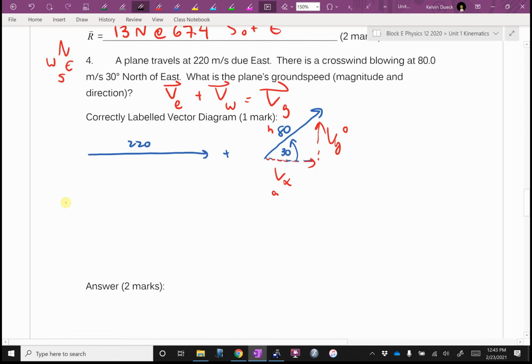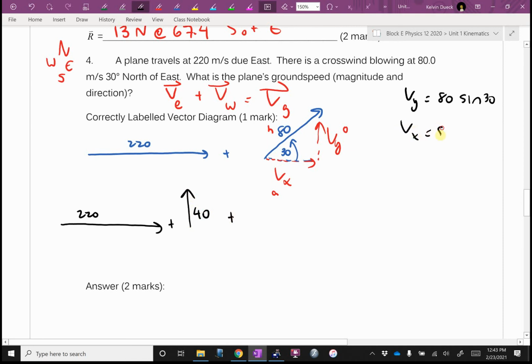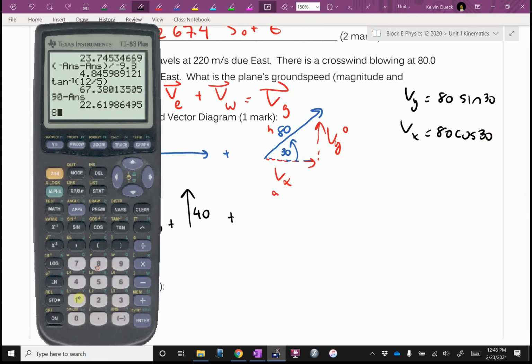So, it's going to look like this. 220 plus Vy is going to be 80 sine 30. I'm pretty sure that it works out to 40 even, yes? Vx is going to be 80 cos 30. I have no idea what that is. 69.282.